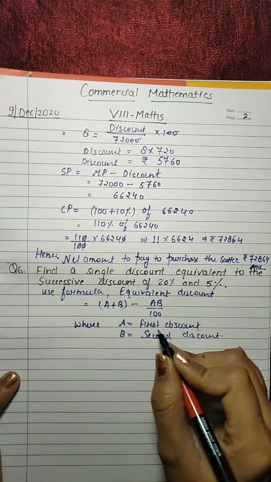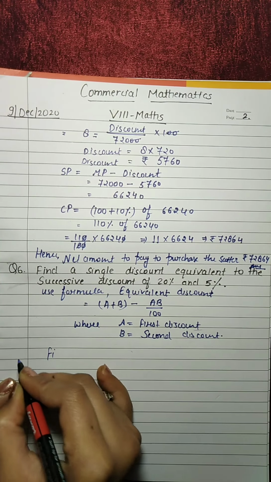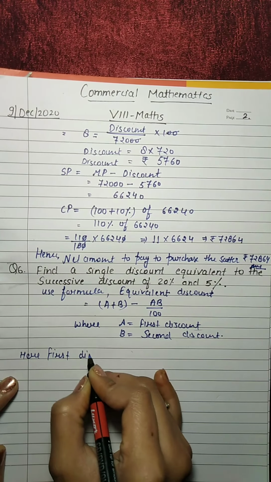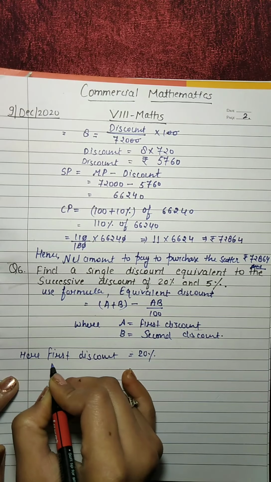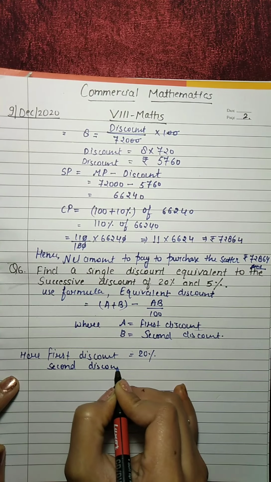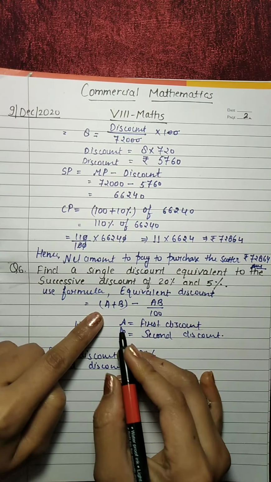Okay, so we will put the value of A and B. Here first discount, yes, that will be 20% and here second discount, that will be 5%. Okay, so students, that is the formula.